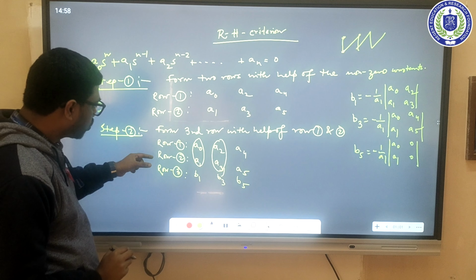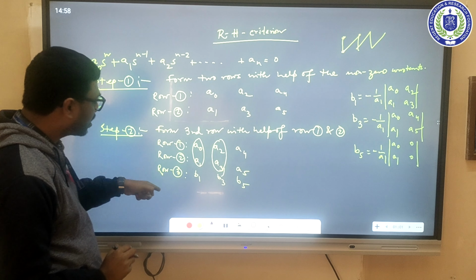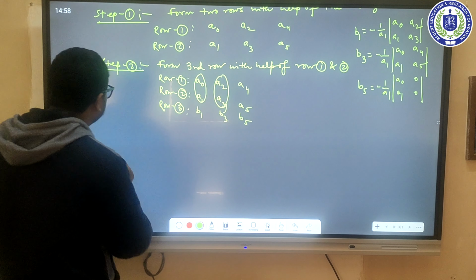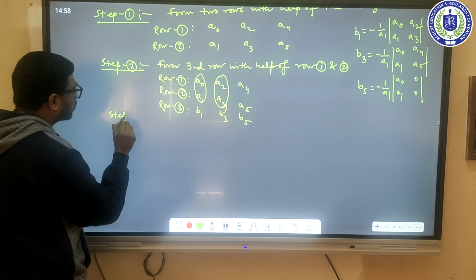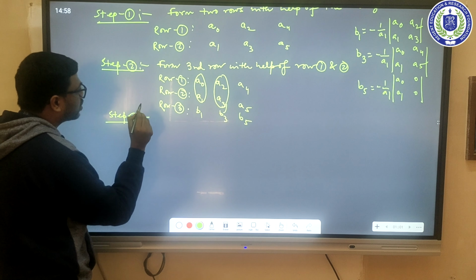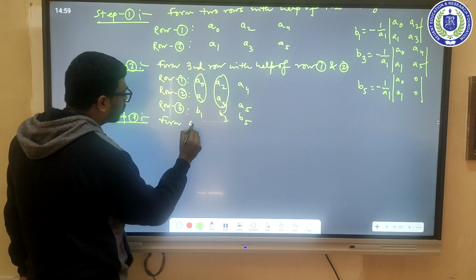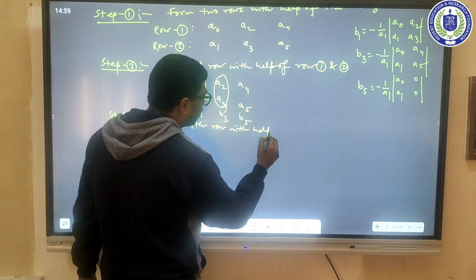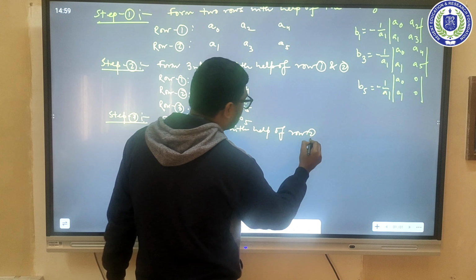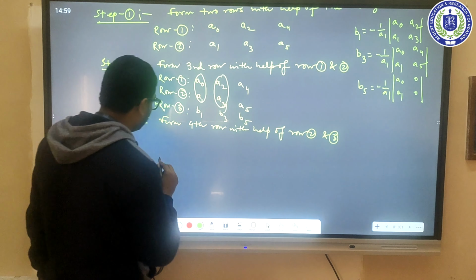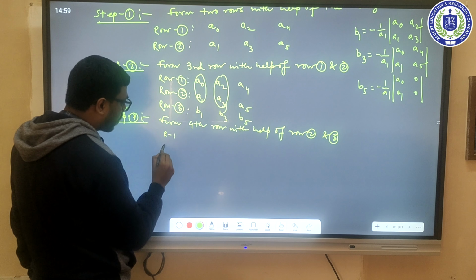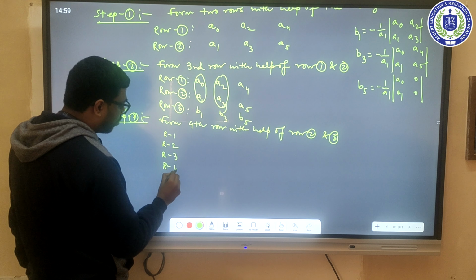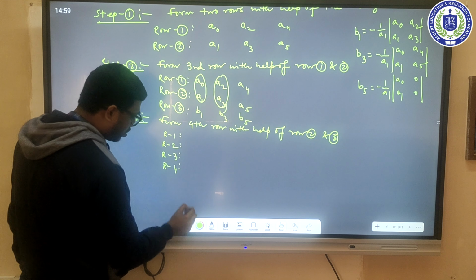Now with the help of these two rows, that is row 2 and row 3, we will form another row, the fourth row. So step 3: form the fourth row with the help of rows 2 and 3. So R1, next R2, R3, then R4.